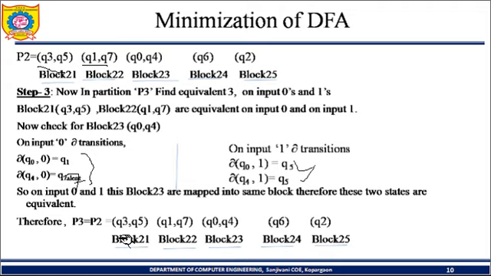But now in the minimized DFA we are getting only 5 states, because these two states are identical. So we are going to consider this as a single state. In the same way, these two states are identical, so we consider this another state, the second state. This is the third state because these two states are identical. This is the fourth state and this is the fifth state. So we have minimized a total of 8 states into 5 states.